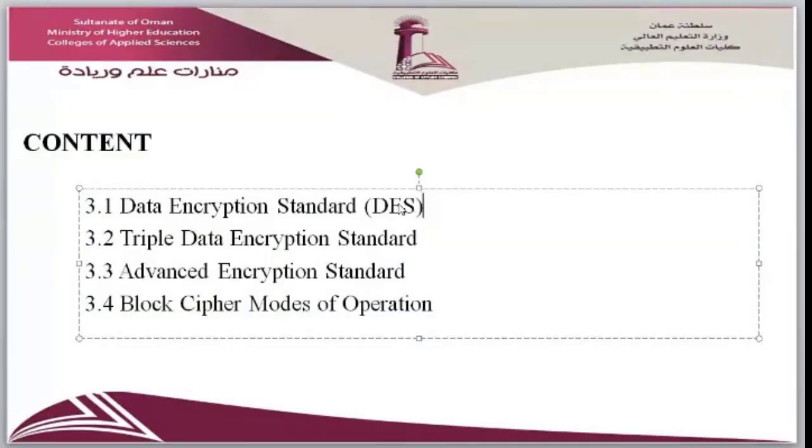We already discussed this in lecture number 2. What are the 2 types of encryption? Symmetric encryption and asymmetric encryption. In symmetric encryption, we use only one key for encryption and also for decryption.